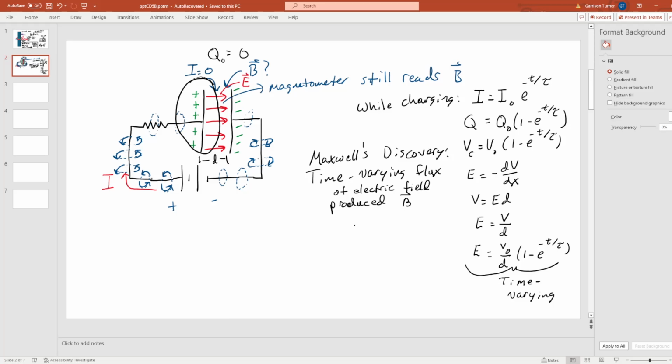So what that means is, if I write my flux as phi e to denote that this is electric flux, since it's time varying, we take the time derivative of it, and then we multiply that by the permittivity of free space. This is what Maxwell called the displacement current.